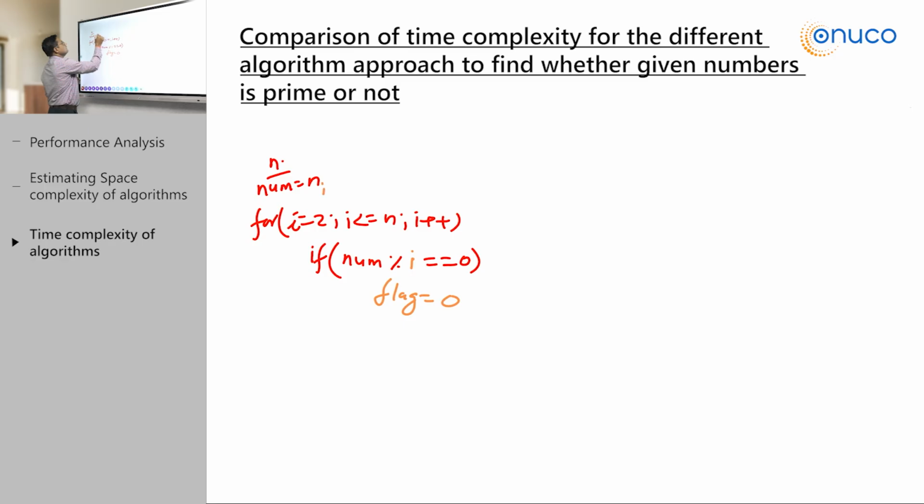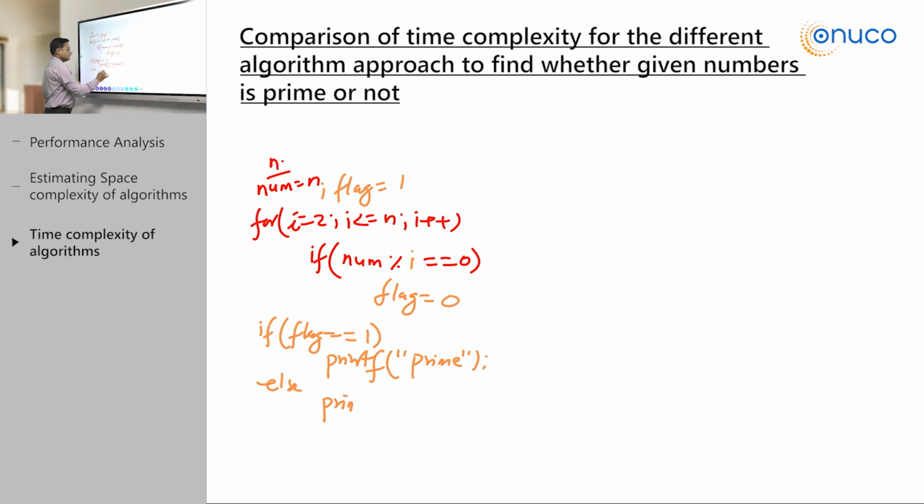Initially we define flag as 1, for the true or false case. This will repeat again and again. At last, if flag is 1, the given number is prime, printed using printf; otherwise printf not prime.